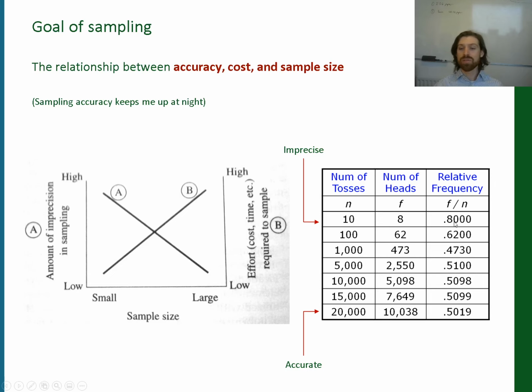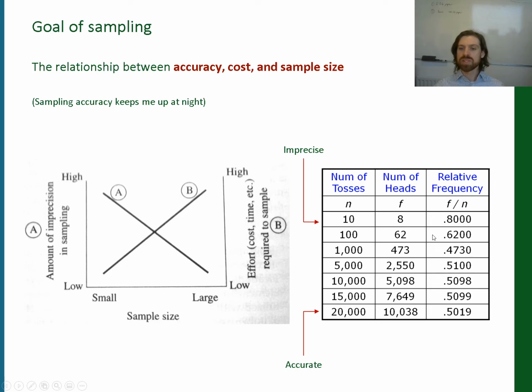And therefore, if you were to flip the coin again, you've got a 0.8 chance, so an 80% chance of it being a heads. And we just know that that's not true, because you'd have approximately a 50% chance of flipping a heads or a tail, based on the fact that you've got 2 outcomes and the probability of each outcome is evenly weighted. So that's a good example of how you have imprecision in your resulting data.